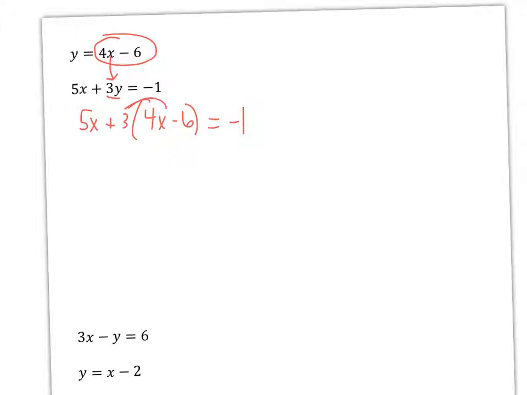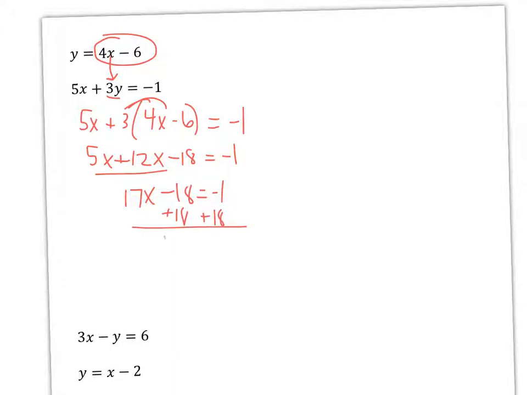And so I'll distribute that and get 5x plus 12x minus 18 equals negative 1. 5 plus 12 is 17x minus 18 equals negative 1. Add 18 to the other side. Get 17x equals 17. So x equals 1.